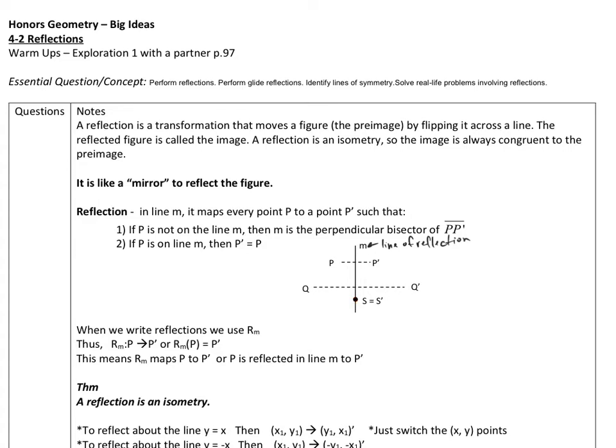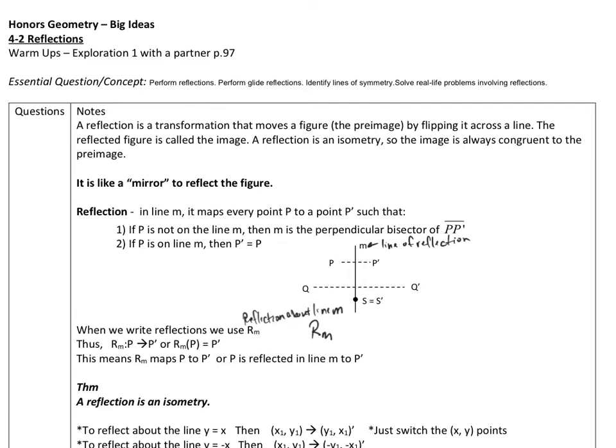So now let's take a look at the notation. When we use reflections, we use this R sub M. That means a reflection about line M. That's what R sub M stands for.